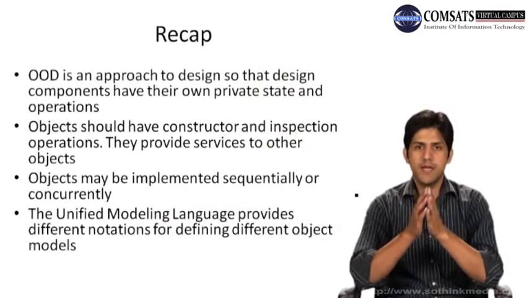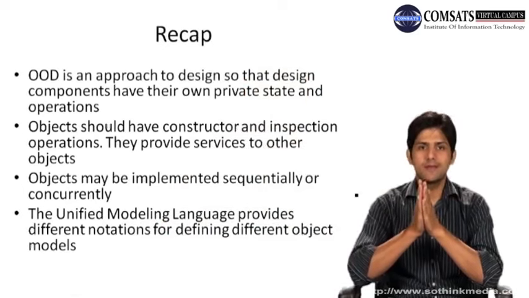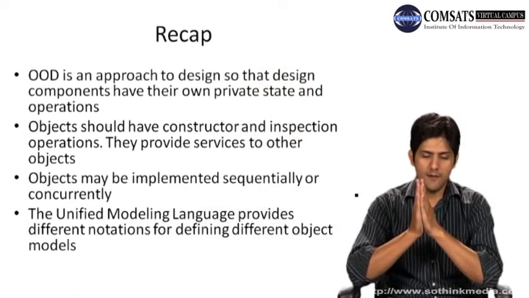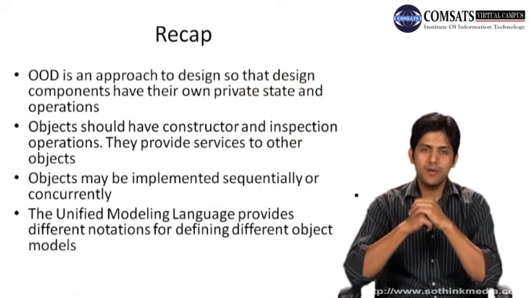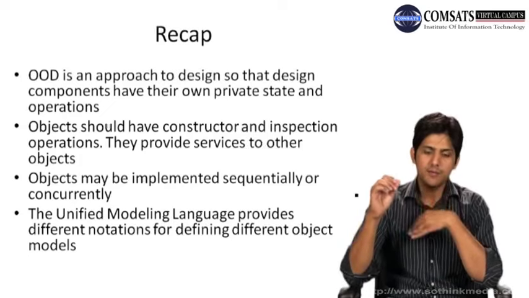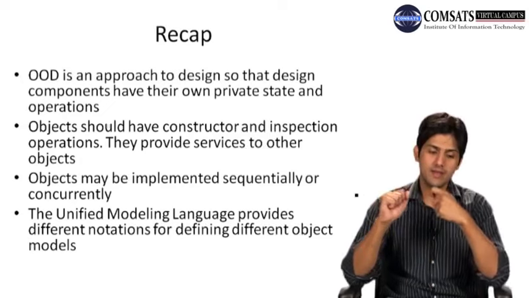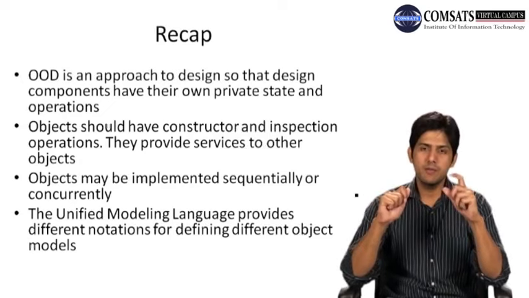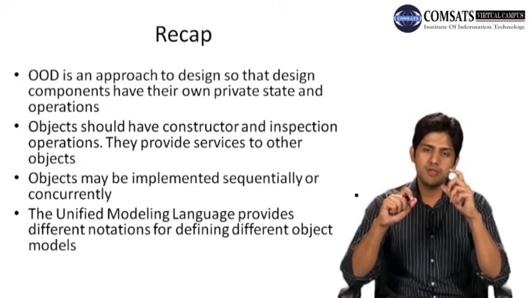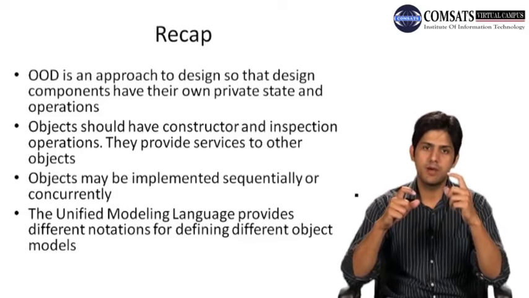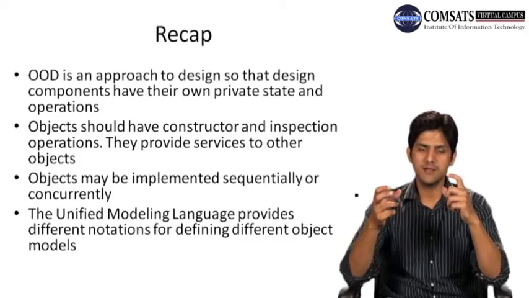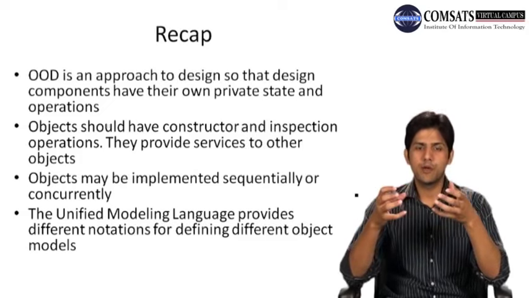So in the last lecture, as I already said, we covered object oriented design. That's basically an approach of design so that the design components have their own private state and operations. Each object or each class has a state, which is represented by the values that each variable has, and it has a set of operations.